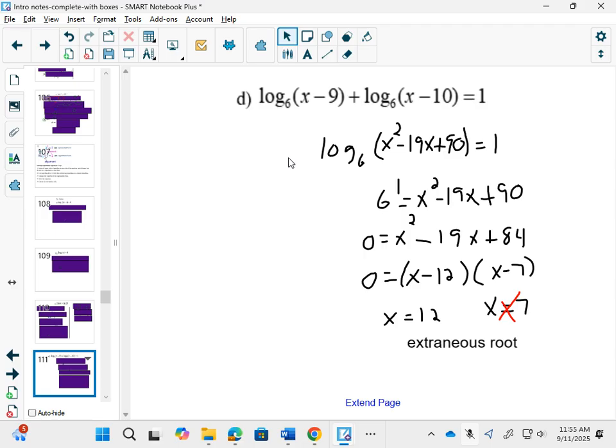And then the last one. Everybody good on this one before I switch? Everybody not quite?